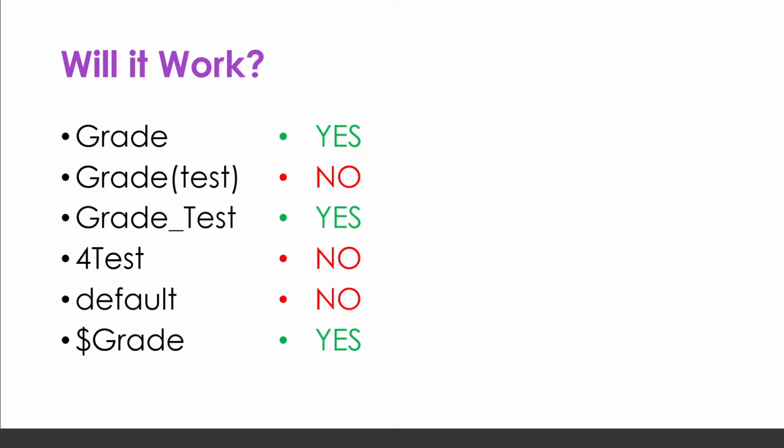The fourth one will not work. It starts with a number. The fifth one will not work. It uses a reserved Java keyword, which is default. And the final one will work. You can start a Java variable with a $ sign.